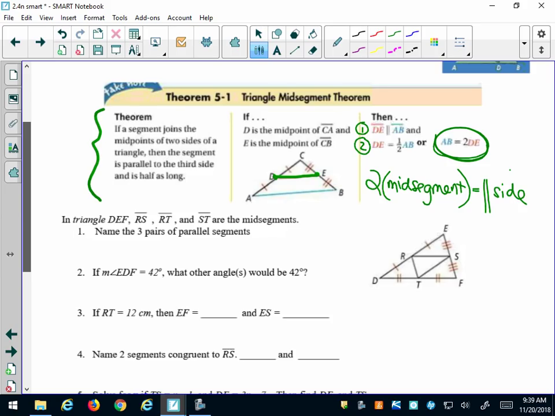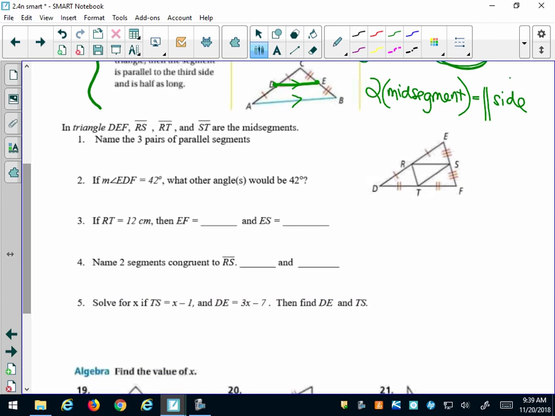What was it? Angle measures, right? Remember corresponding angles, alternate interior, alternate exterior, same side interior, right? So the fact that these are parallel is also going to give us some information about some of the angles in this triangle. Okay, but let's start here. We're going to do this together.